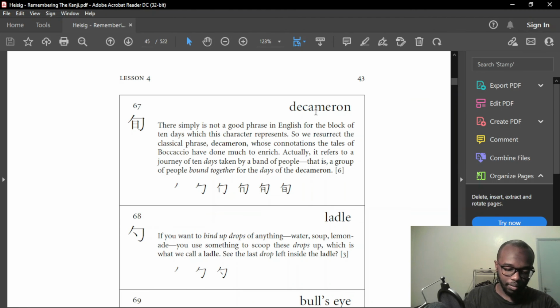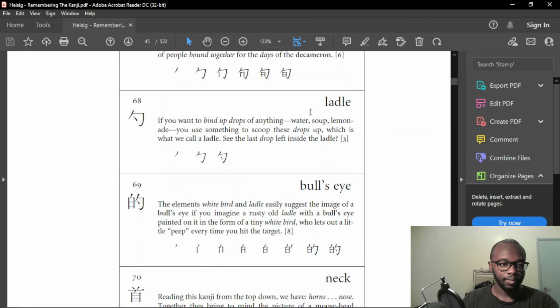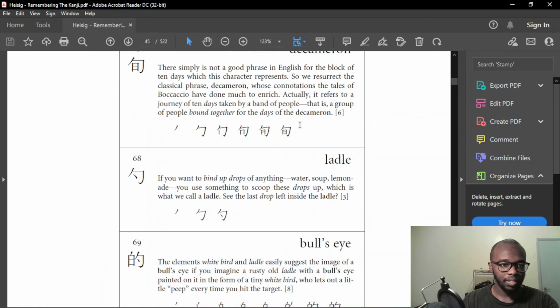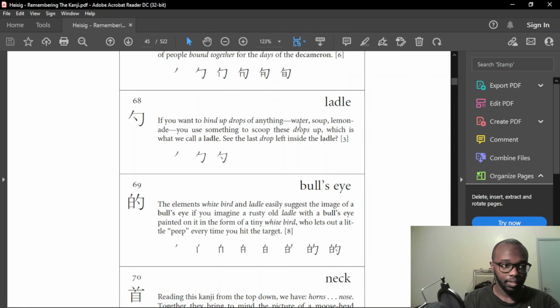So ladle. How many more? Oh, almost 70. Ladle. So ladle is like a big spoon, if I'm not mistaken.